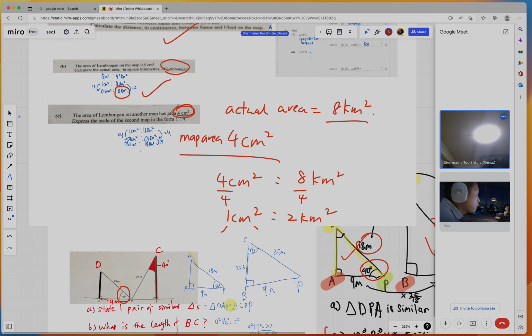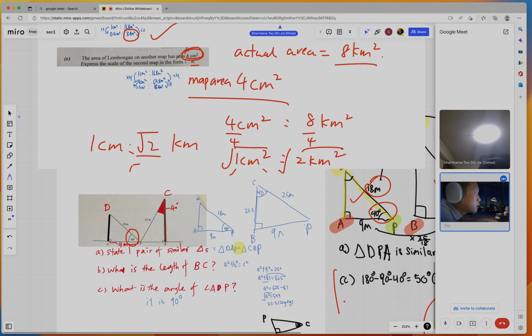Yeah. Then after that you square root. So you square root this, you get 1 cm. You square root this, you get square root 2 kilometer. Yep. But they want it in cm, right? How do you convert this to cm? Square root 2 times 1000 first. This is meter.